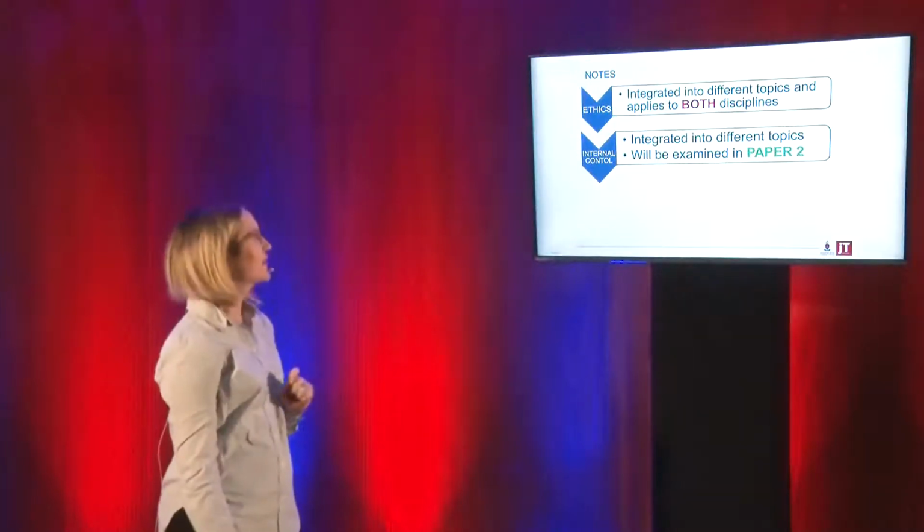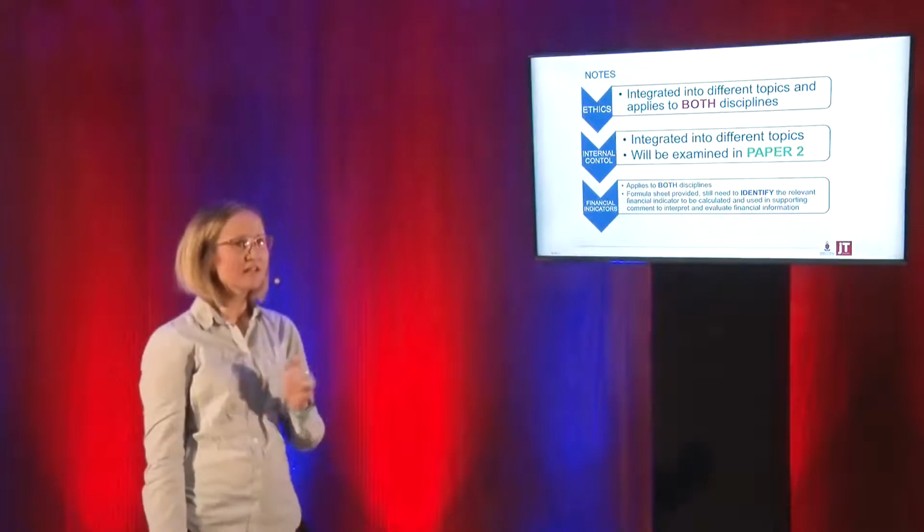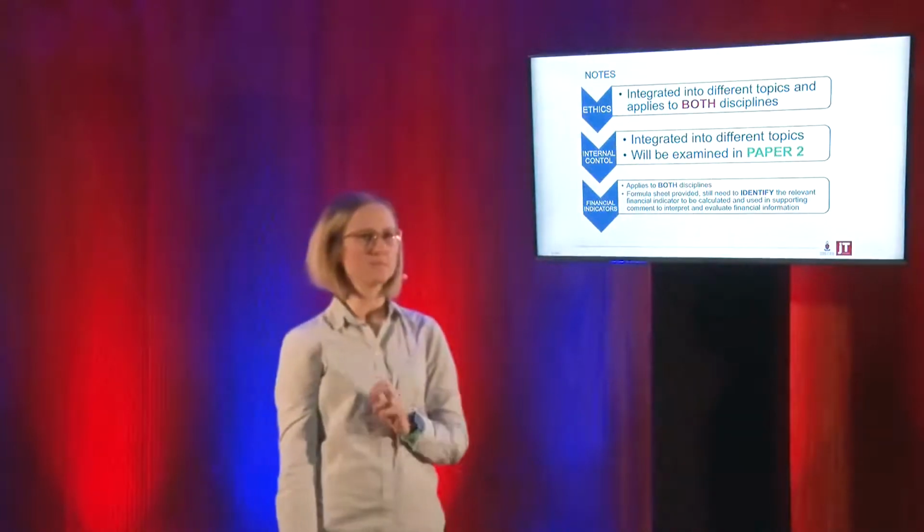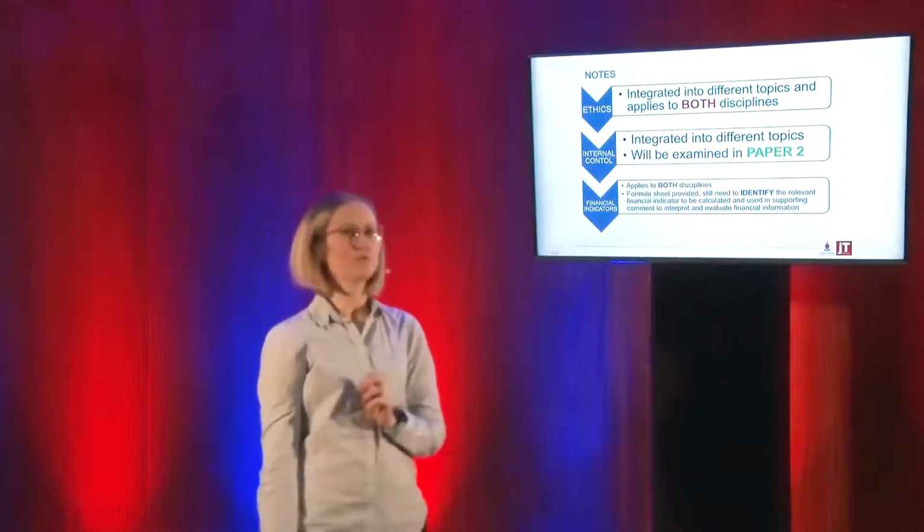Financial indicators apply to both papers. Very important: yes, a formula sheet will be provided, but you still need to study your financial indicators. You need to be able to identify which financial indicator to use with which question, and comment on that.